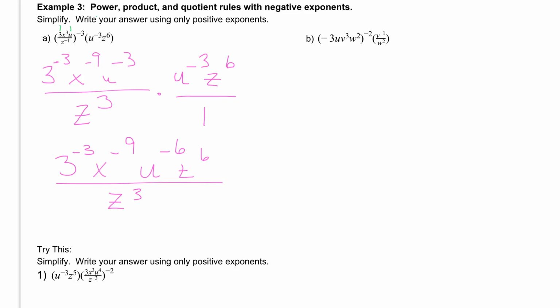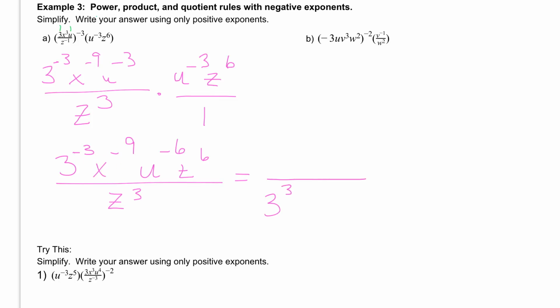Once I have it as just one fraction, now I want to go ahead and make everything into positive exponents. So my next step here is to get it positive. So let's think about what we have to move and what stays the same. 3 to the negative 3, since this exponent is negative, this moves to the bottom. So 3 to the third comes down here.